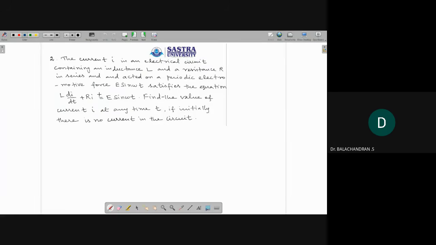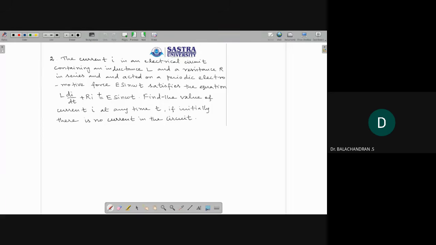The current I in an electrical circuit containing an inductance L and a resistance R in series, and acted on by a periodic electromotive force E sin omega t, satisfies the equation L into di by dt plus Ri equal to E sin omega t.